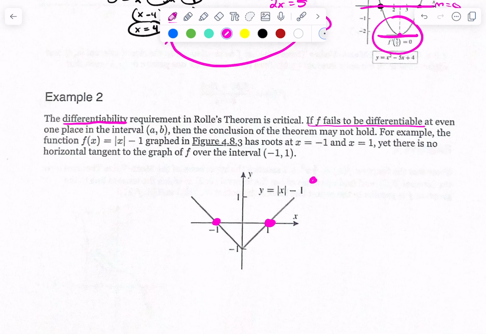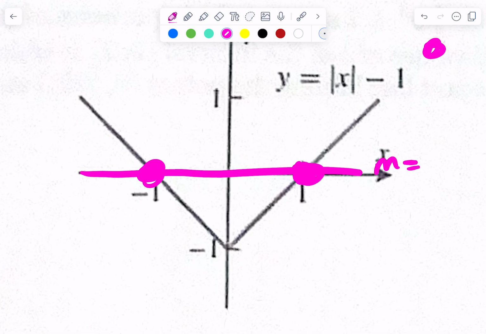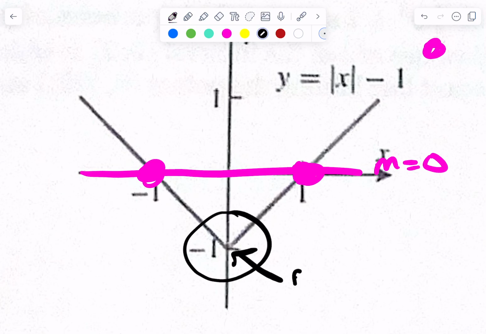For example, the function absolute value of x minus 1 has a tippity tip. He has roots that are -1 and +1, which are these guys here. My slope between those two is 0. I want to find a place between those two that also has a slope of 0, except he is not differentiable here. No derivative here.